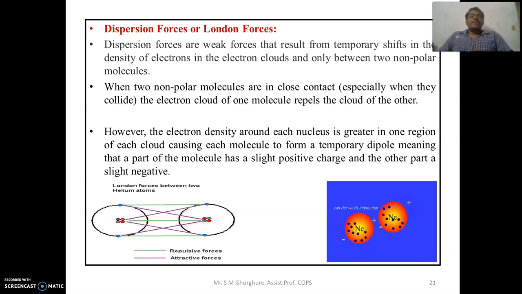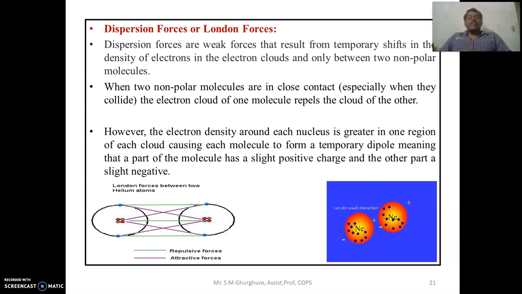First we'll see the dispersion forces or London forces. These dispersion forces or London forces are weak forces of attraction between molecules, and these forces arise from temporary shifts in the density of the electron clouds, only between two non-polar molecules. When two non-polar molecules are in close contact, especially when they collide, the electron cloud of one molecule repels the cloud of another.